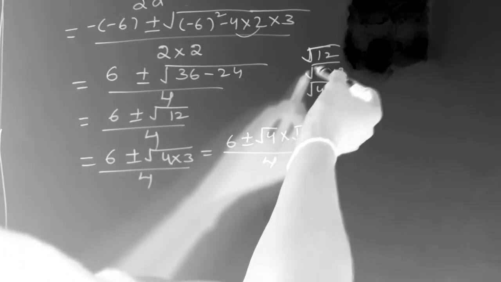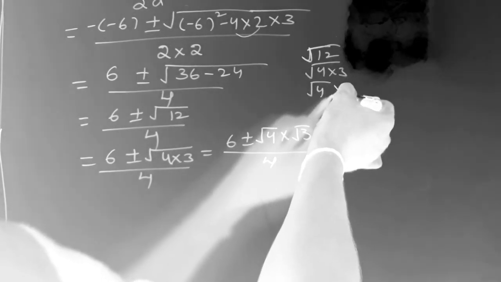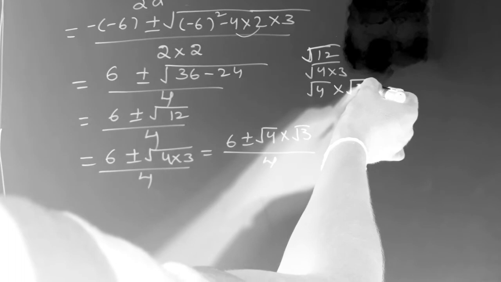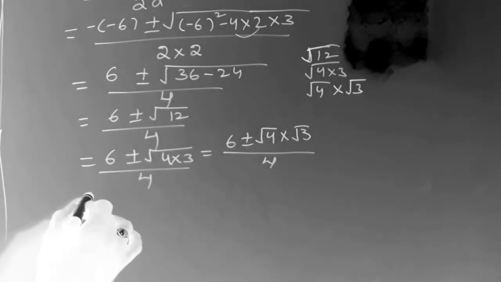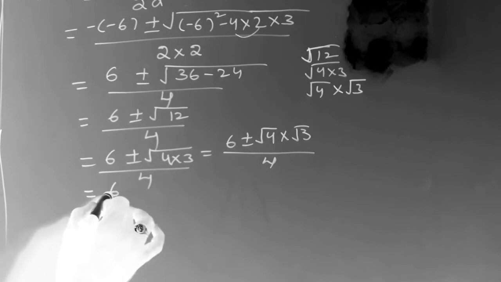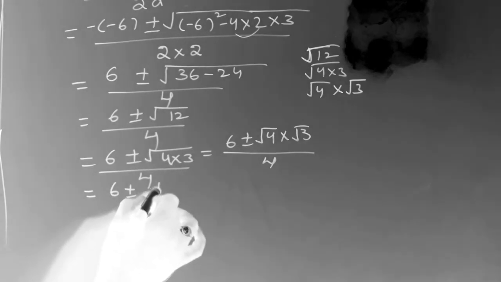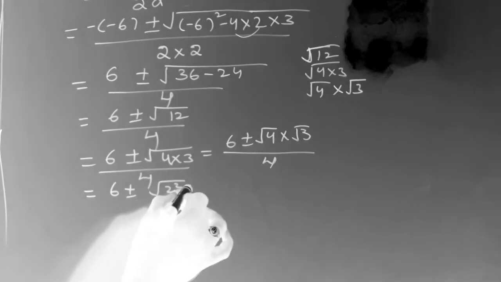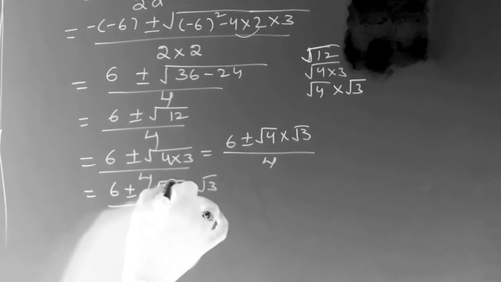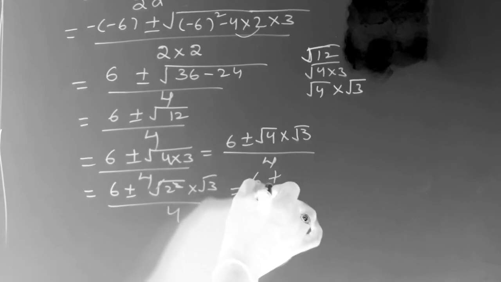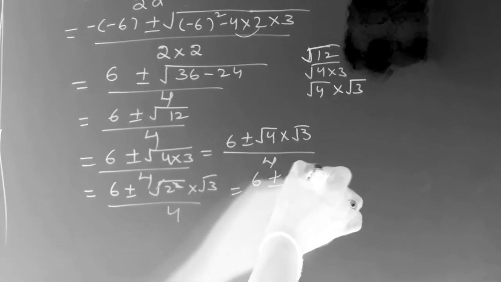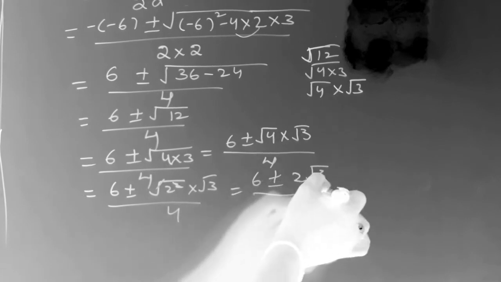So now root AB can be written as root A into root B. So that is root 4 into root 3 I have written. Now we see the next step. Root 4 is nothing but 2 square. So square and root get cancelled for 2. You will get 6 plus or minus 2 times root 3 by 4.